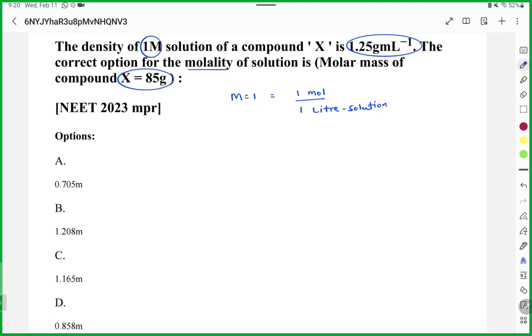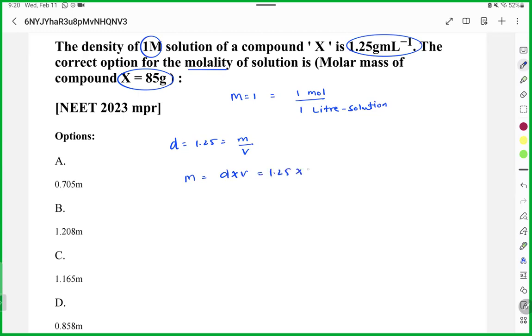Okay, let me check. So if molarity is 1, it means 1 mole in 1 liter of solution. And density is 1.25. You know density is equal to mass by volume of the solution. So you can calculate mass by using this. Mass will be density into volume. What is the density? 1.25.